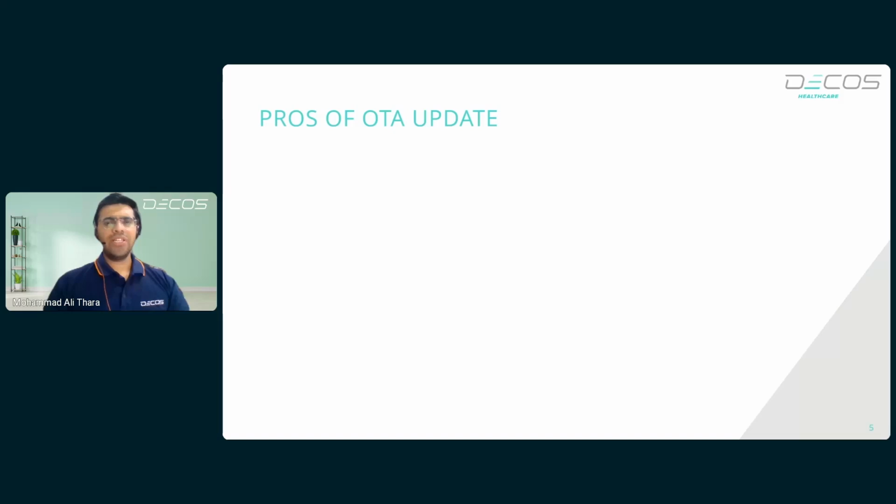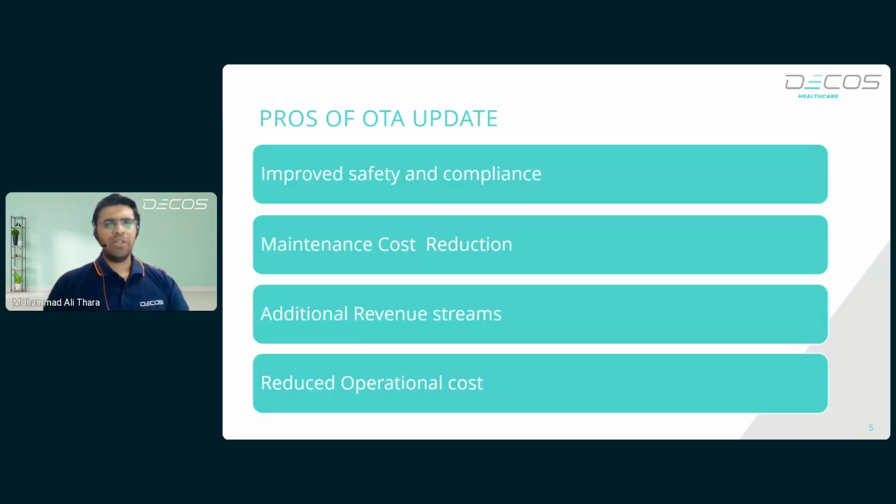We even investigated the pros and cons of OTA update in the previous webinar. The biggest benefit of OTA IoT firmware update is that you can continuously add new features, fix bugs, and improve the product behavior even after the device is in the end user's hand.